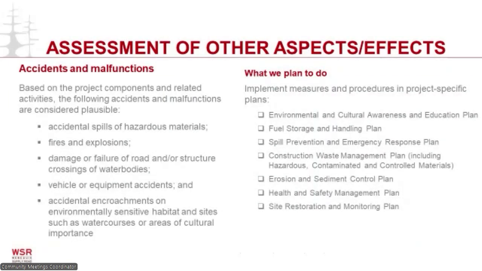In terms of other possible effects, these could be what are called accidents or malfunctions, and could include accidental spills of hazardous materials, such as gasoline, diesel, propane, hydraulic fluids, lubricating oils and greases, and explosives, fires and explosions, damage or failure of road and or structure crossings of water bodies, vehicle or equipment accidents, accidental collisions involving vehicles associated with the project and vehicles moving through or around construction sites, or accidental death of animals due to inappropriate machinery or equipment operation.